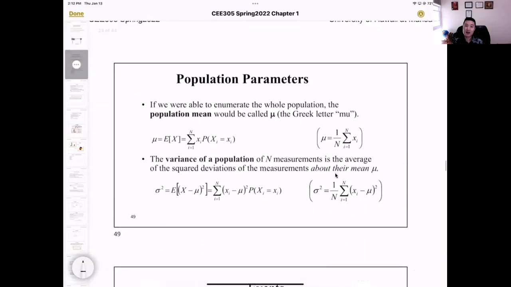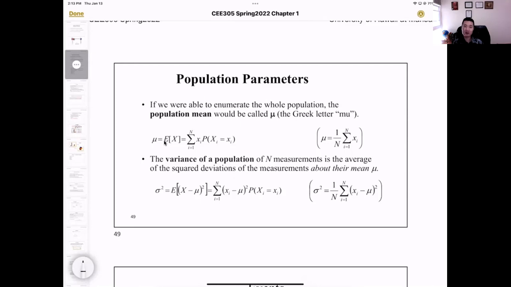Okay, so let's look at some of the population parameters. The population mean is called mu. We can also write it as E(X), where E is for expectation. It's the same idea as mu, but we use mu all the time.